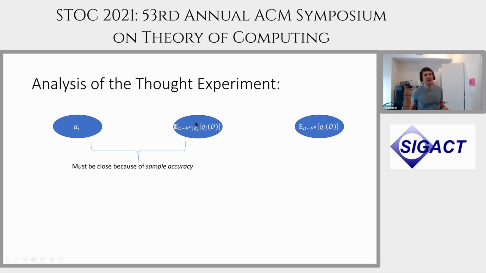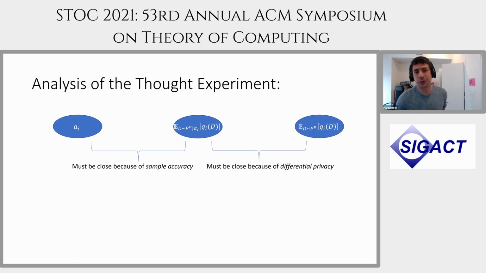And if you think about it, this is sort of inevitable once you are thinking about this thought experiment, because the mechanism is first committing to these answers, and only then is the data set being resampled from this conditional distribution. So the only way that the mechanism can promise that these answers are going to be close to the empirical value of the query on this data set that hasn't even been sampled yet is if it's close to the expected value from the sampling distribution. This is going to follow from sample accuracy.